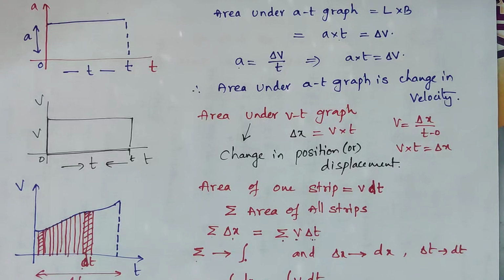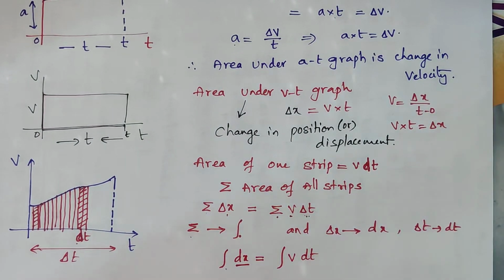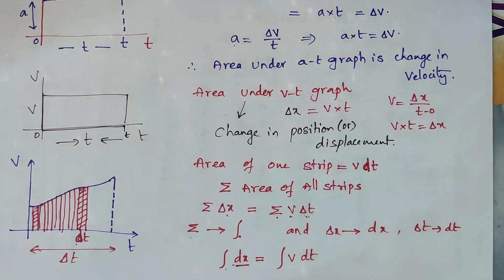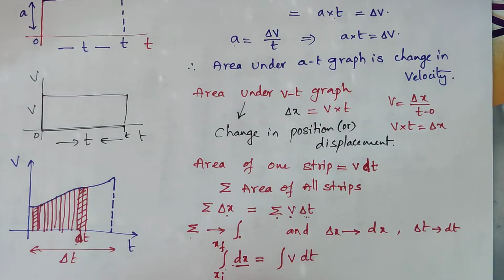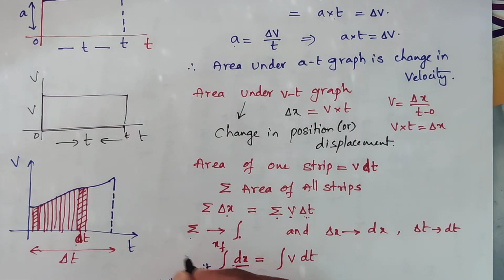Position is changing from initial position to final position, xi to xf. We call this the lower limit, and this is called the upper limit.